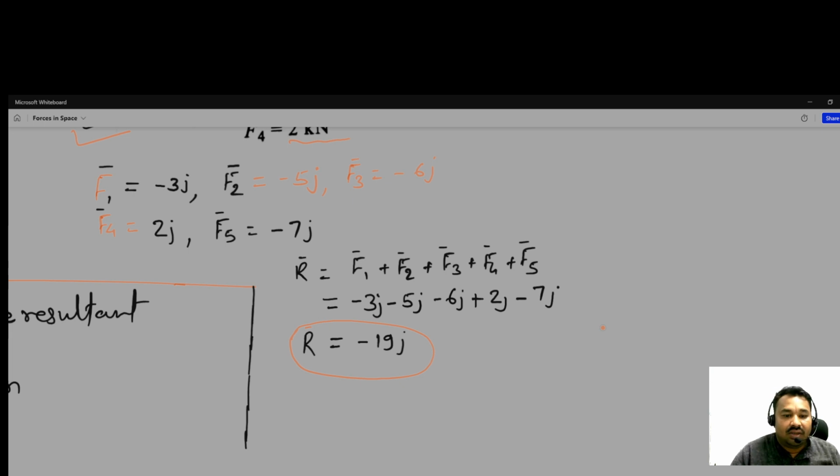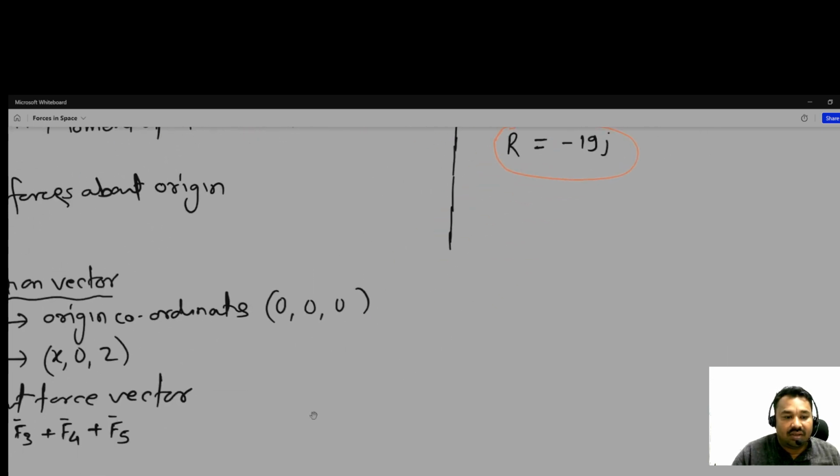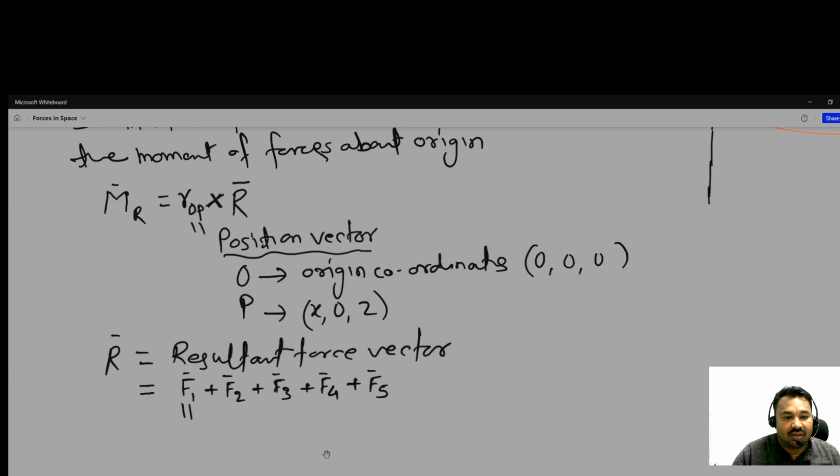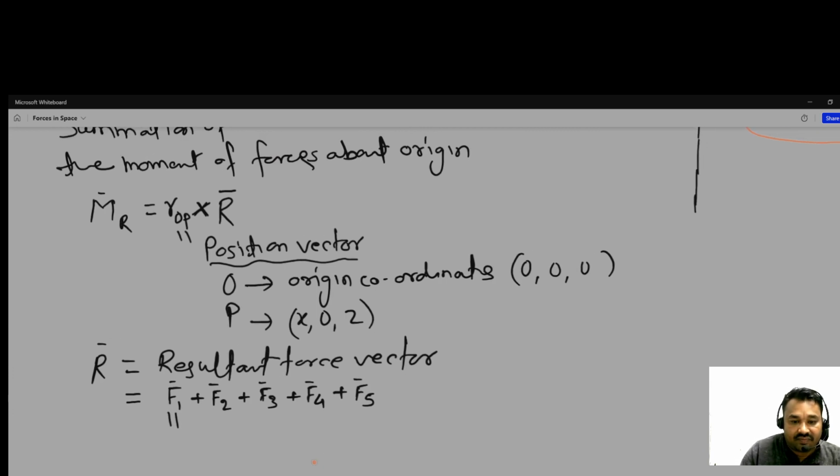Okay, so coming to here, what we get, this is equal to, means all, 19J. And coming back to here, because our resultant is required to get the moment of the resultant, this one.